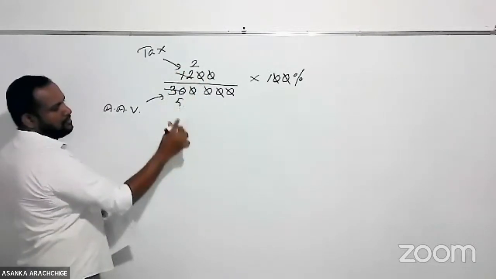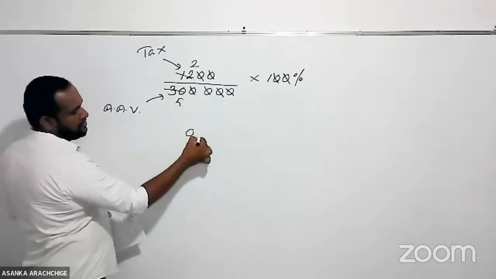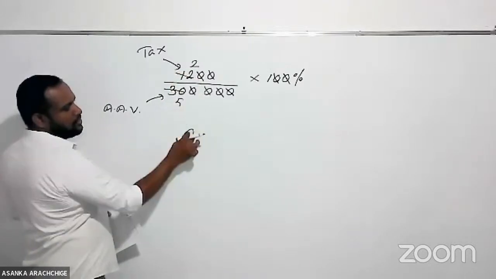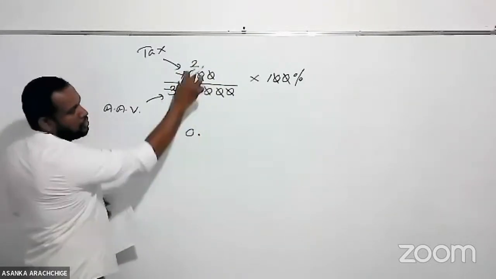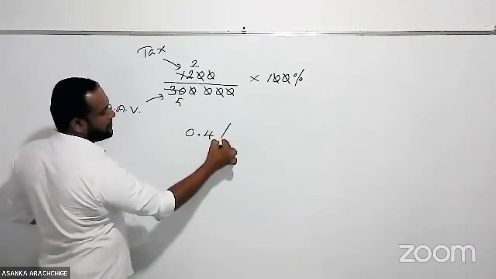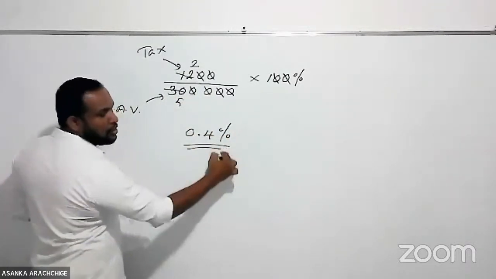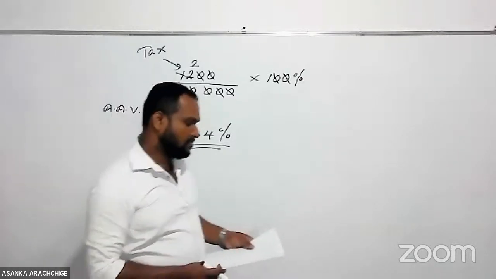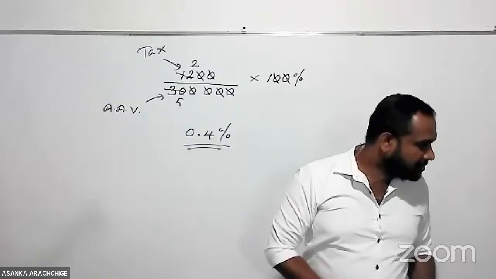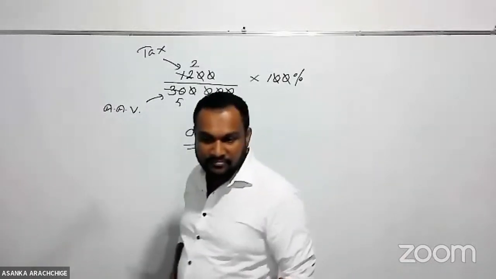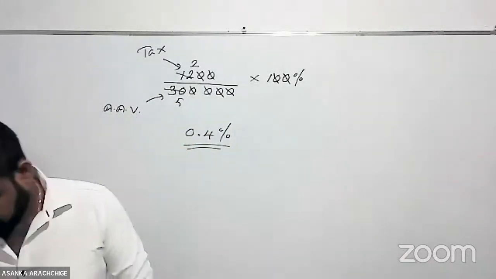Divide 2 by 5, that is 0.5 times 0, 2 remaining. Take a 0 and put a decimal point, 20. 5 times 4. Answer 0.4%. Is your answer correct?